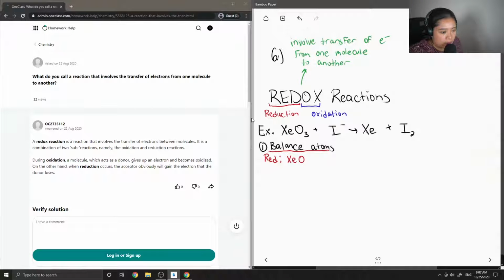And we can also tell if a molecule is reduced when its oxidation number decreases, and when a molecule is oxidized, then its oxidation number increases. So in the case of the xenon trifluoride, this is reduced to just xenon. Give myself some space.